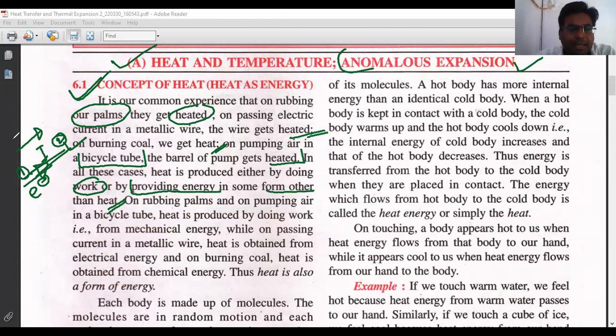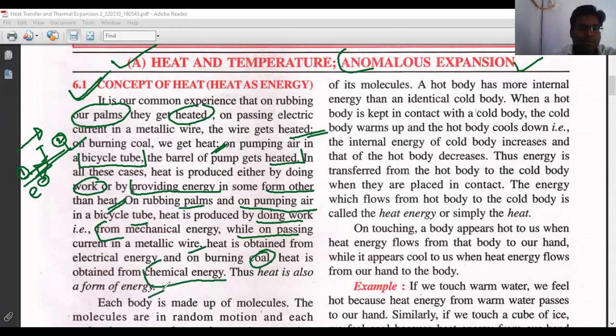So we can say that energy transfer from one form to another also causes heat. On rubbing palms or pumping air in a bicycle tube, heat is produced by doing work from mechanical energy, while on passing current in an electric wire, heat is obtained from electrical energy, and on burning coal, heat is obtained from chemical energy.